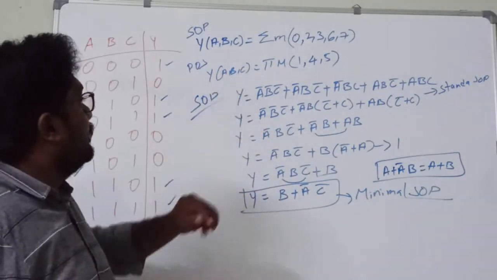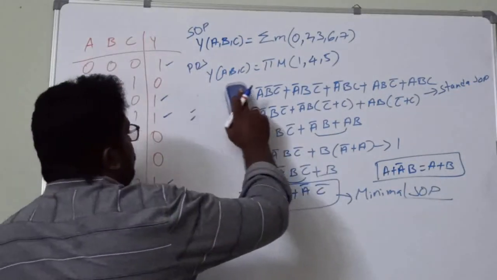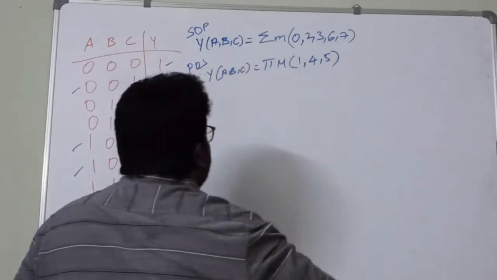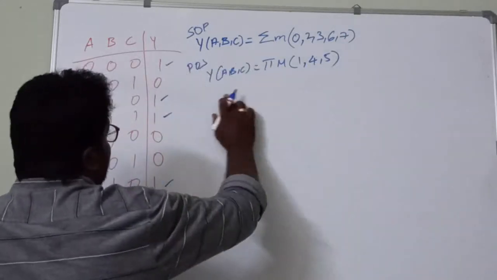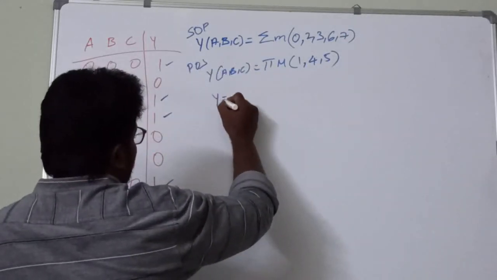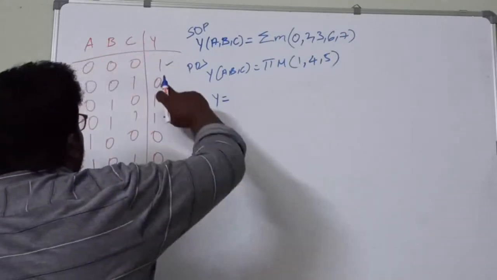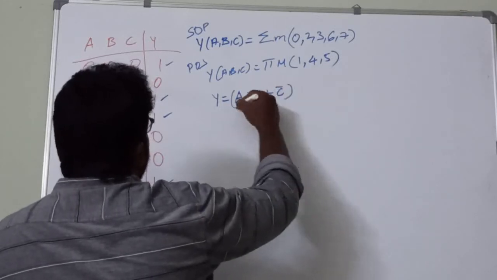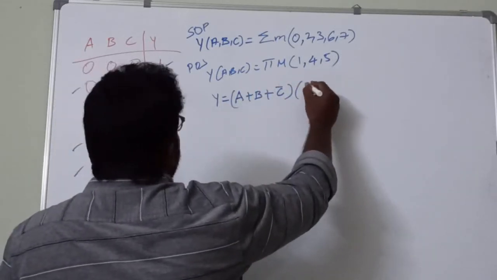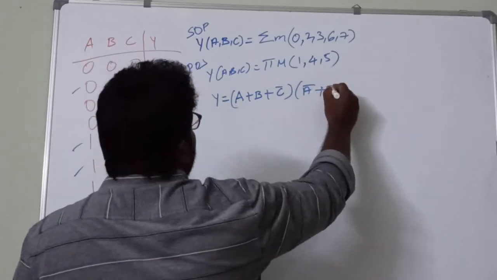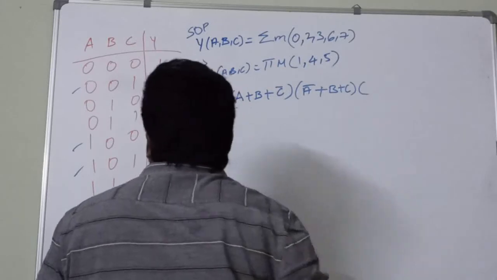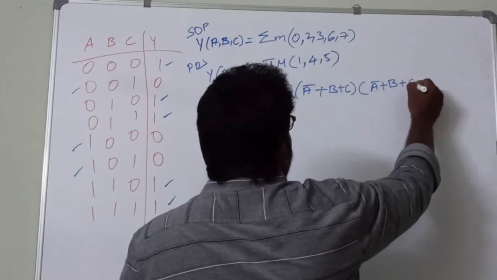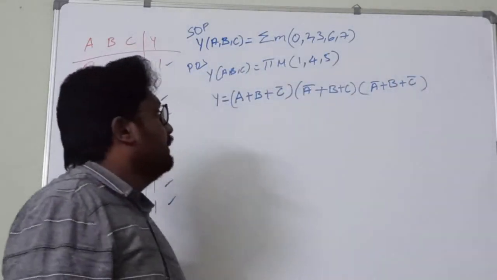So now let us look at the POS, right? So the expression for POS will become y is equals to 0, right? A plus B plus C complement, A complement plus B plus C, A complement plus B plus C complement, right?